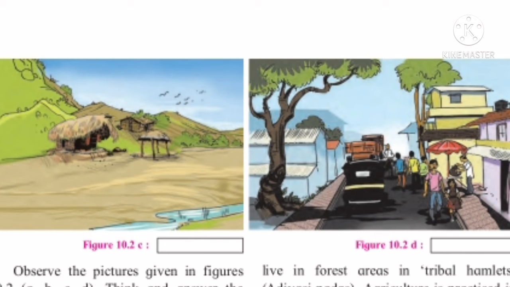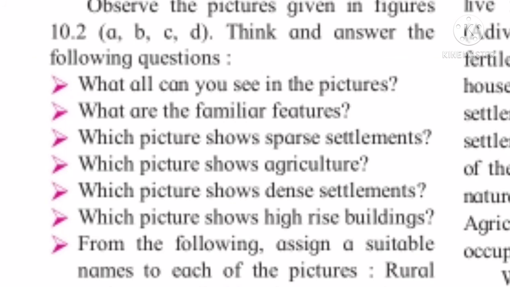If we observe 10.D, this picture shows us the town. In the towns we see vehicles moving around on the road, vendors and shops and small houses. So we can see the town atmosphere in figure 10.D.